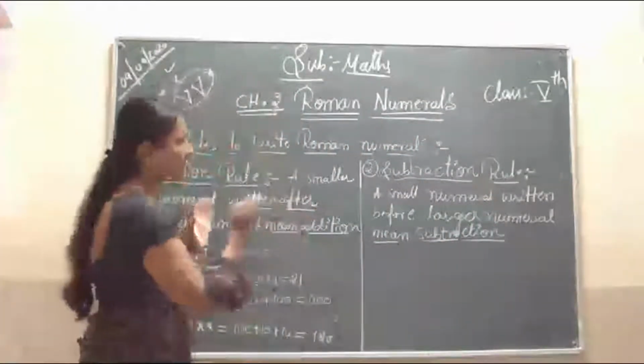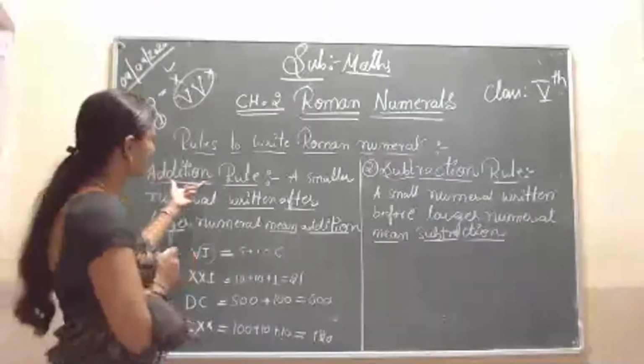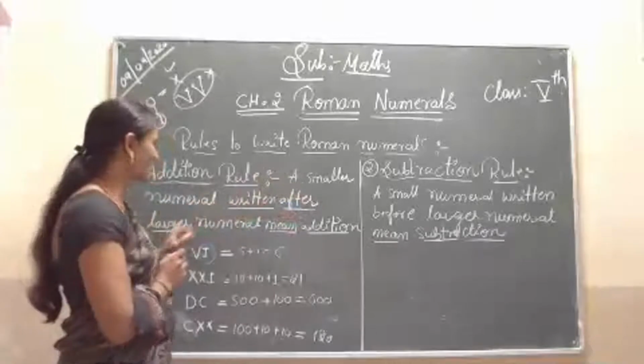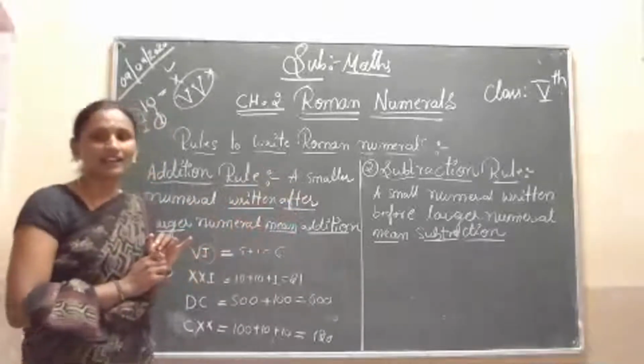Just observe, students, comparing both definitions. The addition rule means a smaller numeral written after a large numeral means addition.